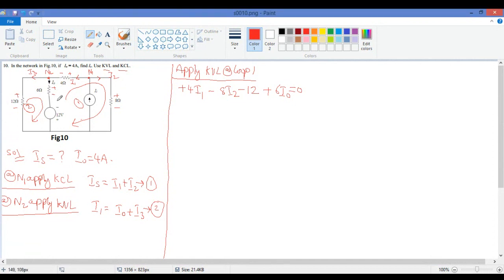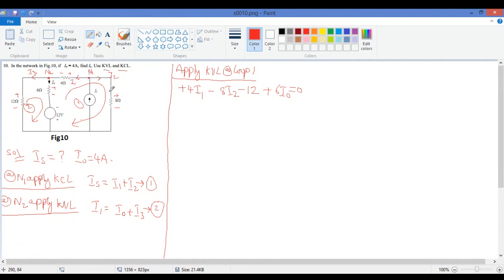Now you see here, this entire thing is loop 1. Let us start from here. This is 4 ohm and the direction of our loop current is leaving the positive terminal of the resistance, so this is plus 4 I1.